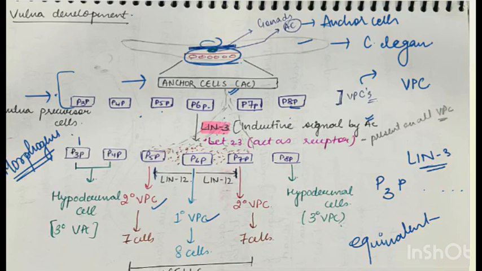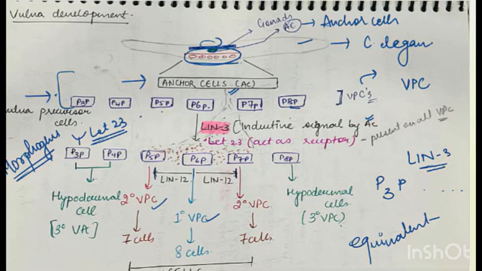This receptor is given the name of LET23. Anchor cells release the inductive signal called Lin3. All the vulval precursor cells have the presence of the receptor LET23 for receiving the Lin3, for receiving this inductive signal. Now, what happens?